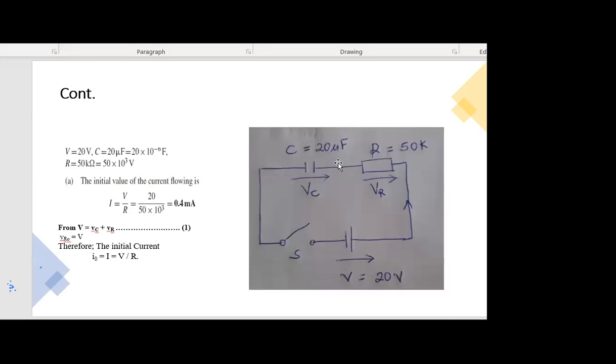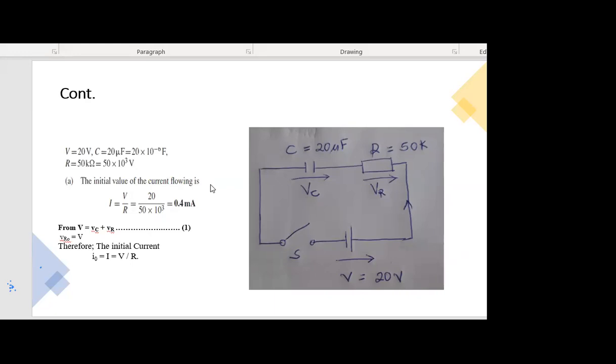So when we look at our circuit here, you'll see that a 20 microfarad capacitor is connected in series with a 50K ohm resistor, and all connected to a 20V DC voltage. They asked us to determine the initial value of the current.